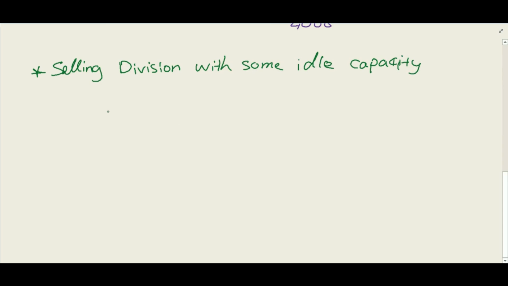Okay, let's assume that the factory has 1,000 units in idle capacity.